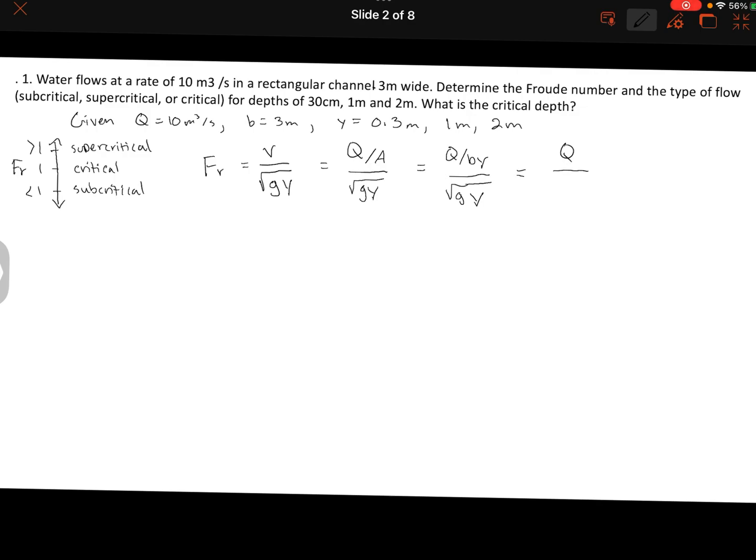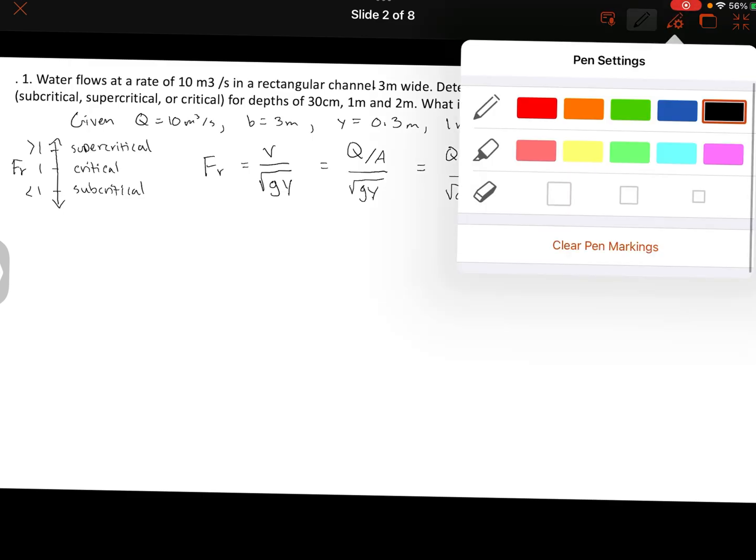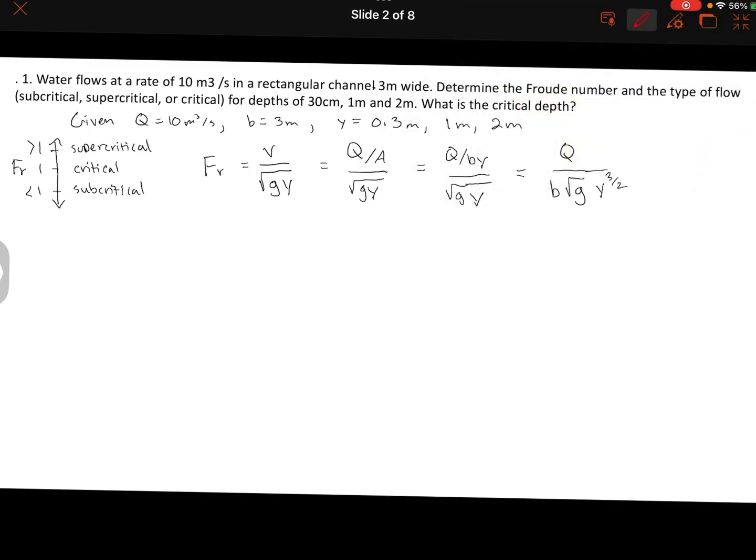And that whole thing would be divided by, if we drop this B down here, B times the square root of the acceleration of gravity, and then multiplying y times the square root of y gives us y to the 3/2 in the denominator there. So we need to find this Froude's number for 3 different values of y, which are given up here.